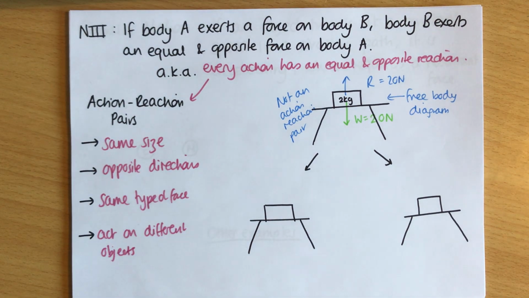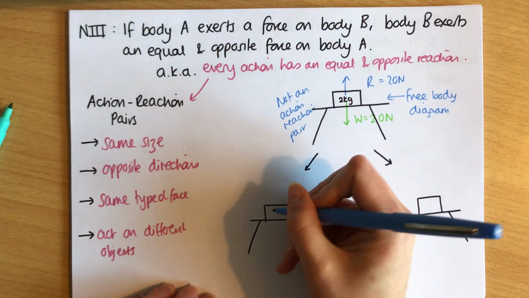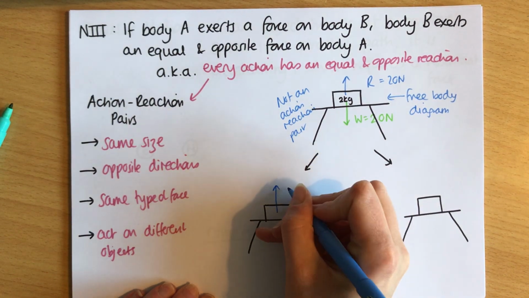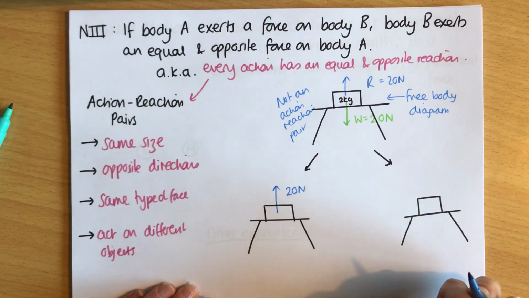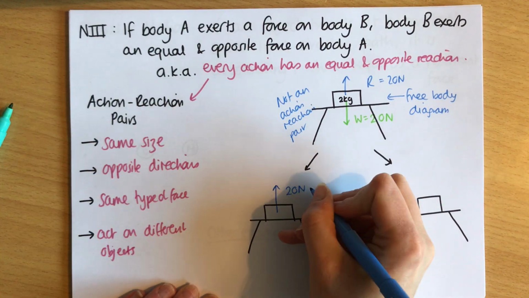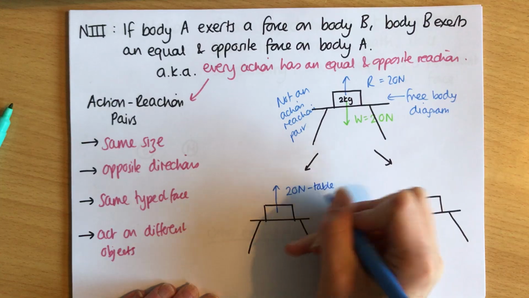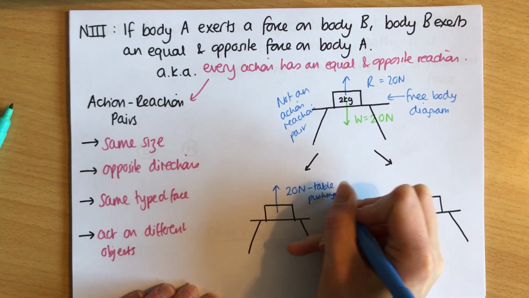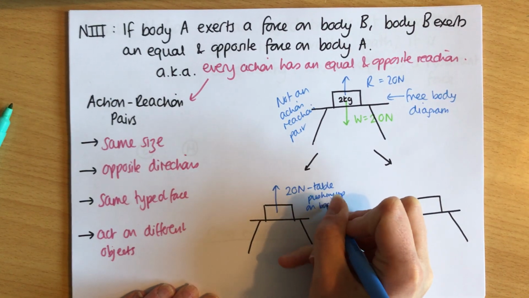There's actually two action-reaction pairs going on here. We're going to start with the reaction force because it's a bit easier. So there's a reaction force of 20 newtons acting upwards. This is the table pushing up on the book.